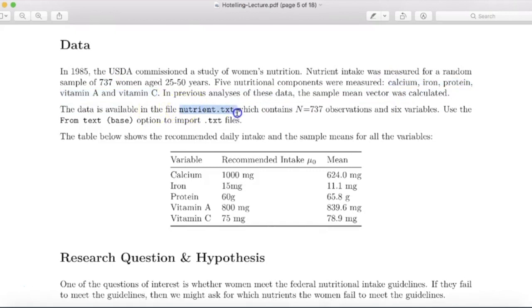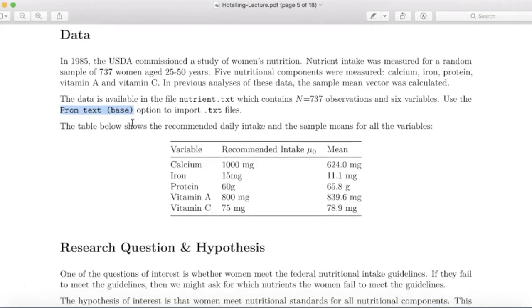We're going to use the data set in nutrient.txt. It has 6 variables. I think it has the ID and then the 5 nutritional components that we're interested in. So whenever I give you a text file, make sure you use the from text option or it's not going to import correctly.